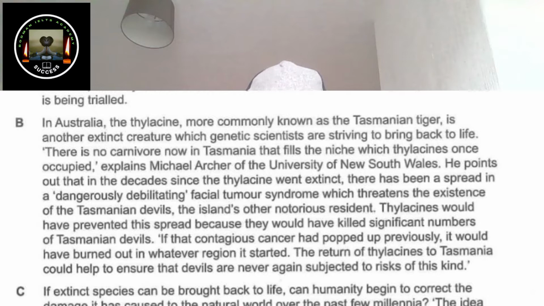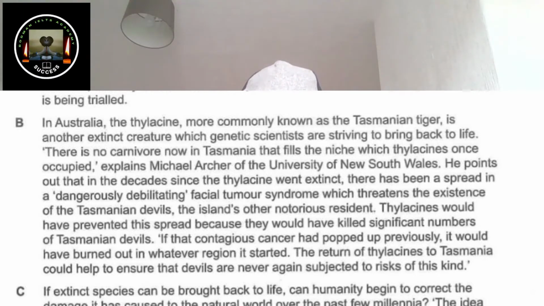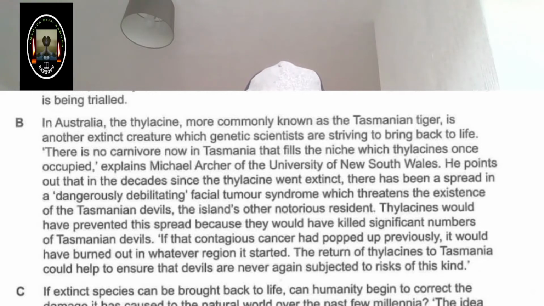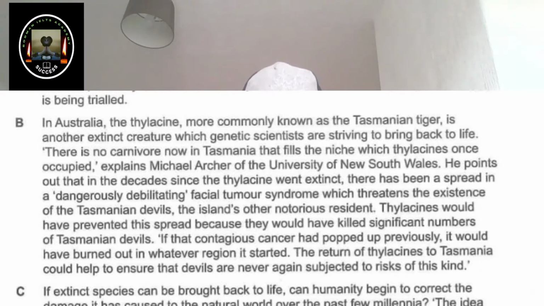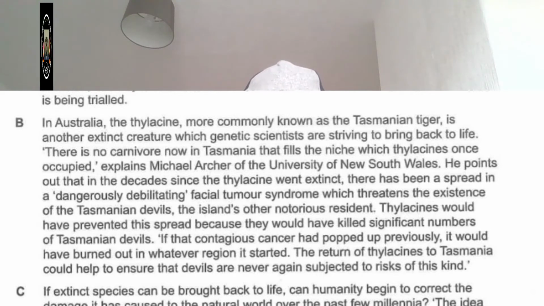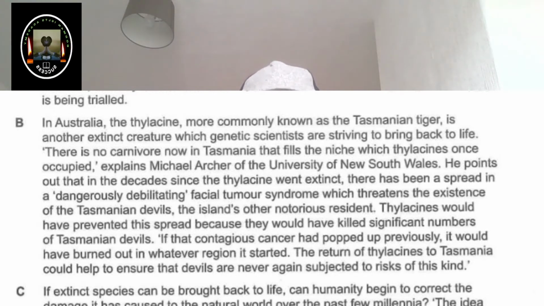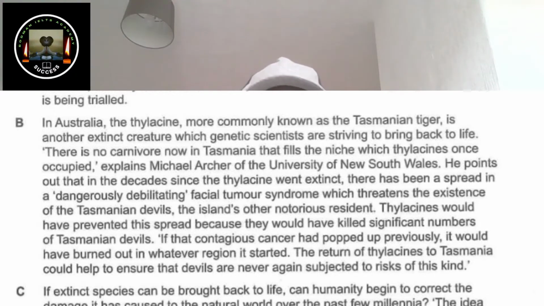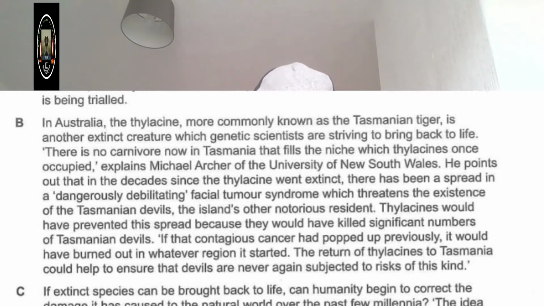He pointed out that the decades since the thylacine went extinct, there have been spread in a dangerously debilitating facial tumor syndrome, which threatens the existence of the Tasmanian devil. Now, since when this animal went into extinction, there has been a problem. That's what they are trying to say.